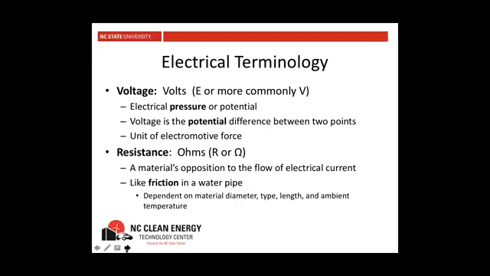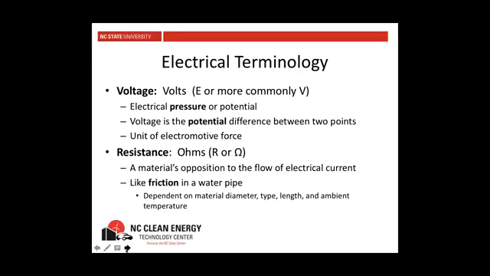Voltage is the difference between 2 wires or 2 points or 2 poles on a battery. You've got the positive and the negative terminal on your battery. If you want to know what the voltage of your battery is, you're going to measure the potential difference between those 2 points. And once again, we're going to look at a graphic, which I think is going to make this a little more clear if it's a little fuzzy in your head right now.